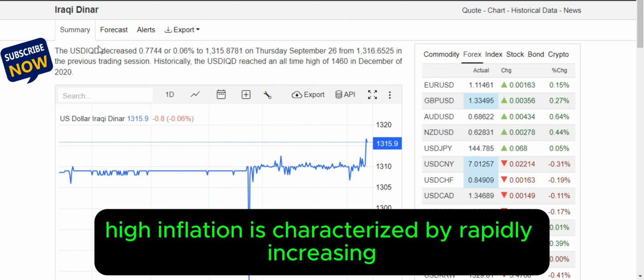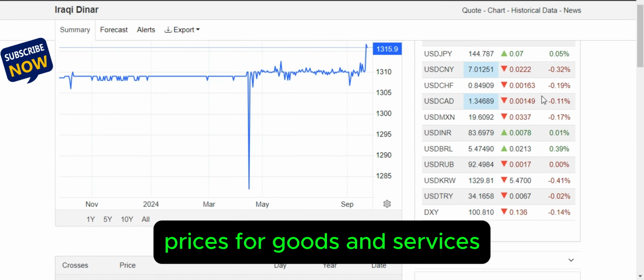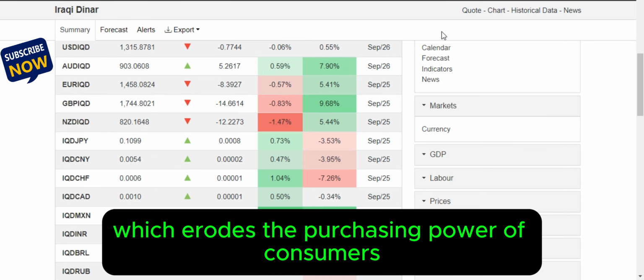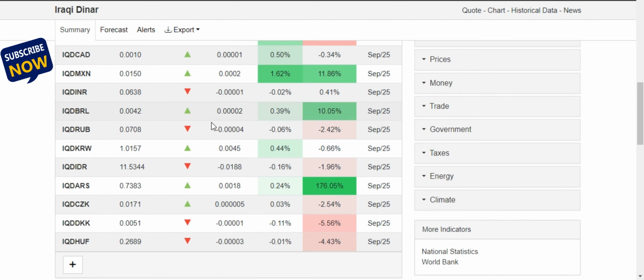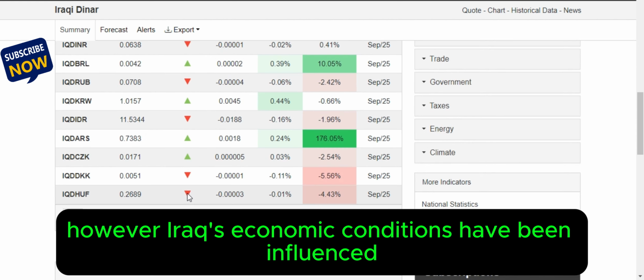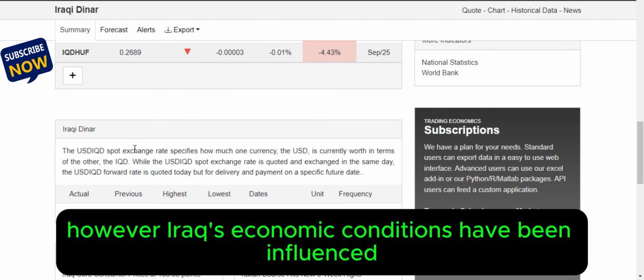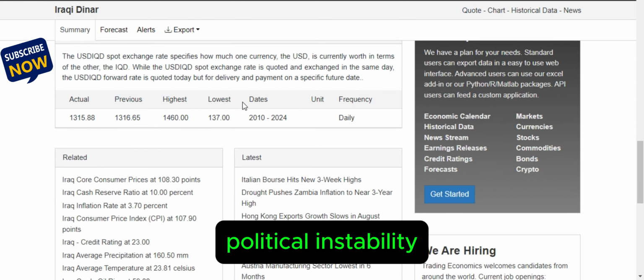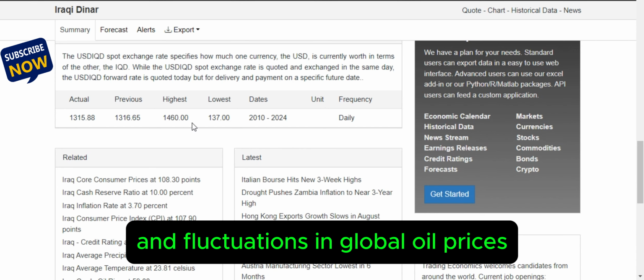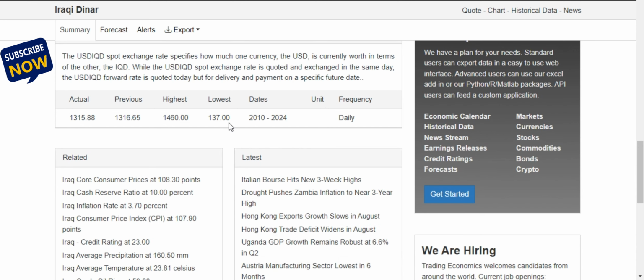High inflation is characterized by rapidly increasing prices for goods and services, which erodes the purchasing power of consumers and destabilizes the economy. However, Iraq's economic conditions have been influenced by various factors, including its reliance on oil exports, political instability, and fluctuations in global oil prices.